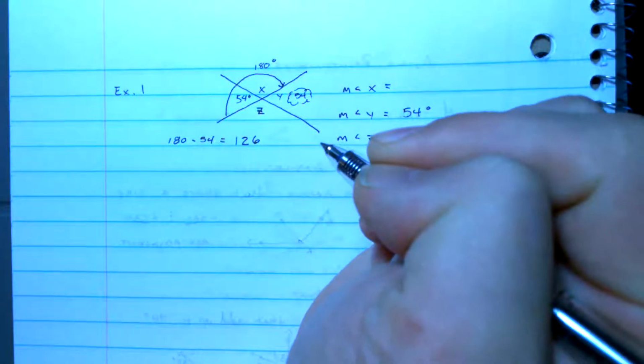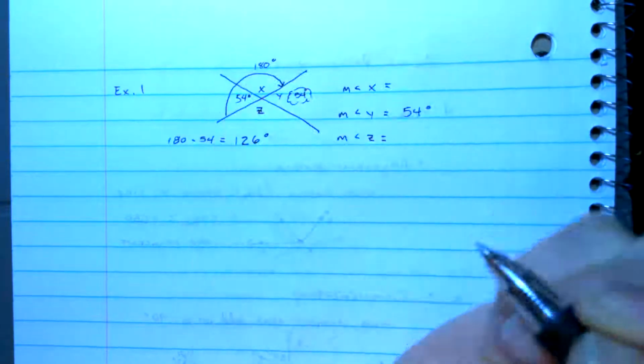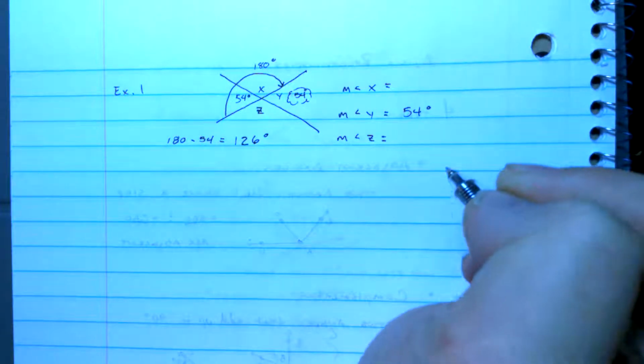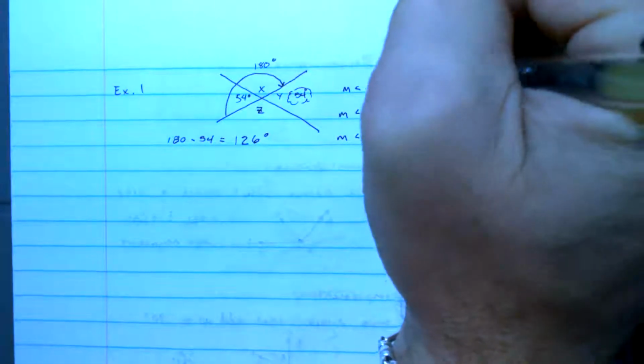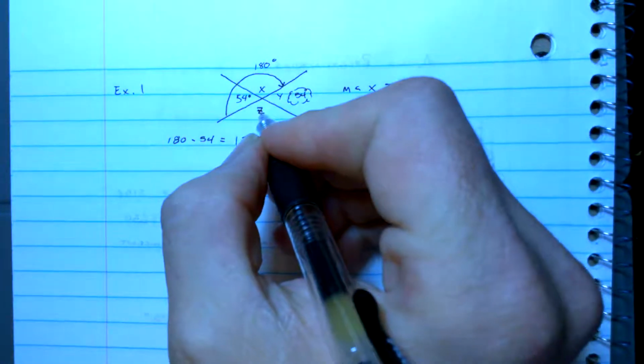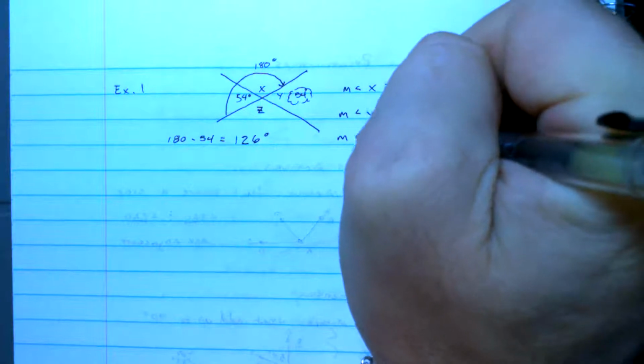So that would be the measure of angle X. If angle X is 126, then angle Z is also 126. That's all based on little relationships that I know. They have to be true.